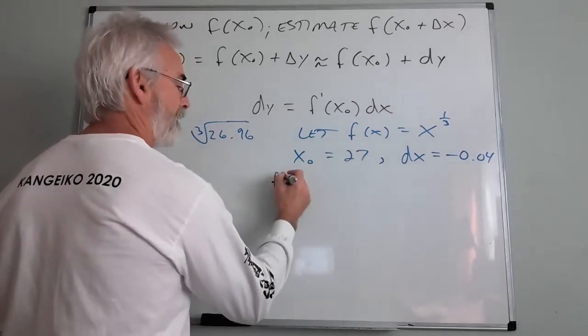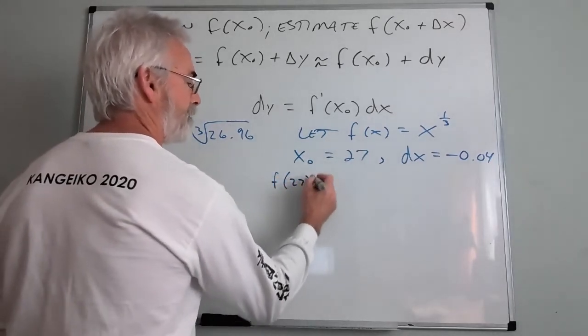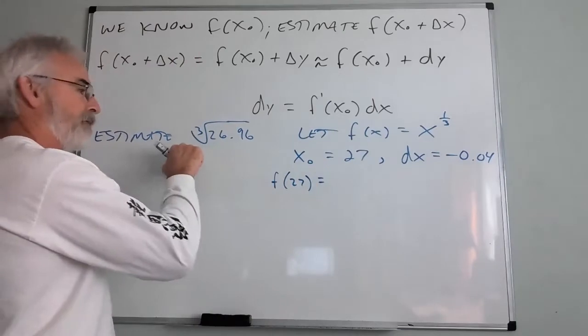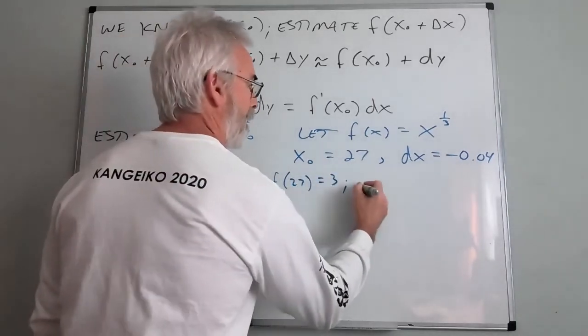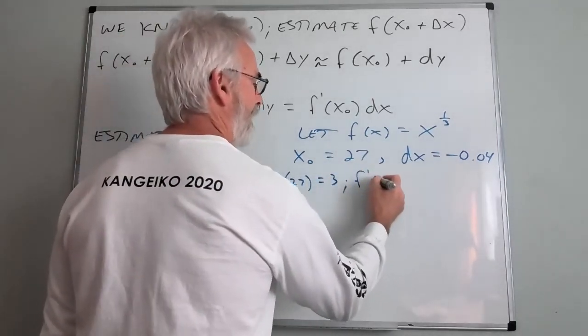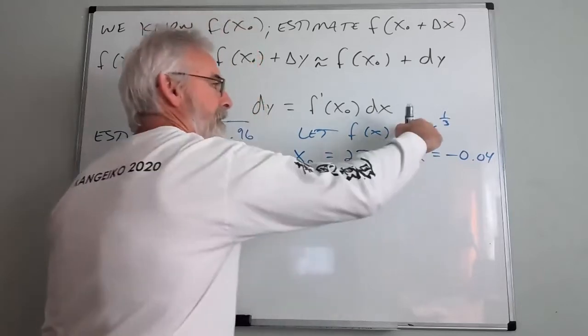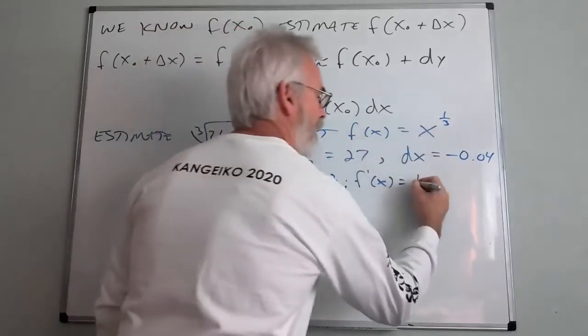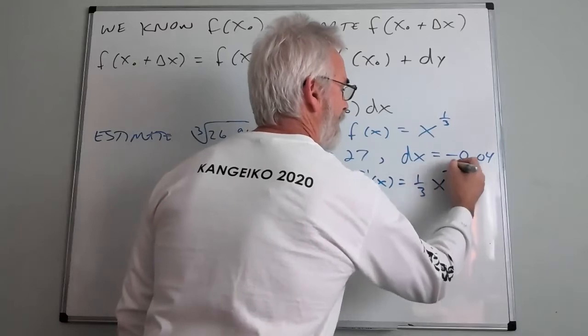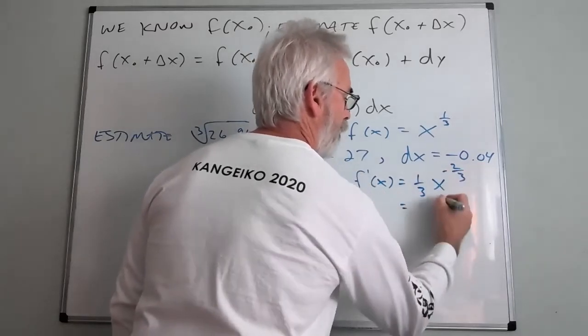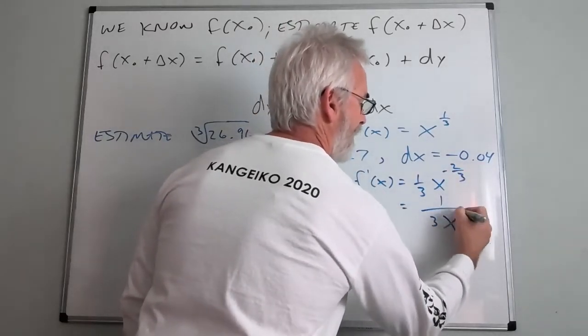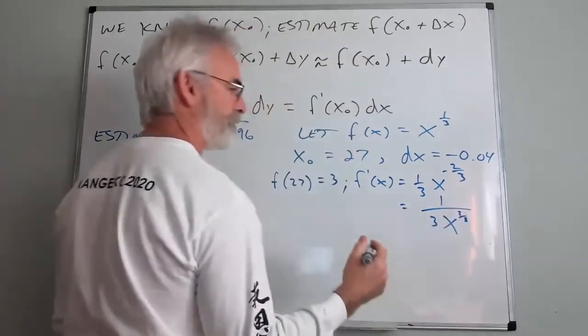What is f? First of all, what's f of 27? Well, that would be cube root of 27. That'd be 3. What's f prime of x? That's 1/3 x to the negative 2/3, or 1 over 3x to the 2/3. Okay.